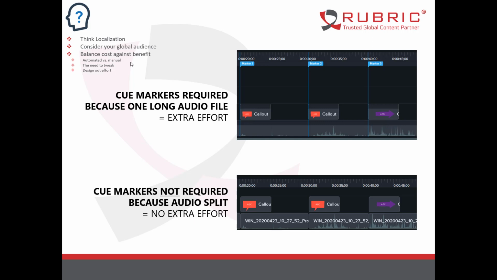I show this here in a very simplified illustration. In the top example, cue markers are required because the audio is one long file. The word, the cue, has to be identified so that the retiming can be done. In the bottom example, that step isn't required because the cue is the start of the audio file.